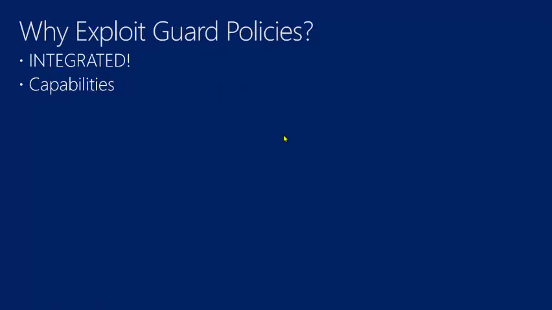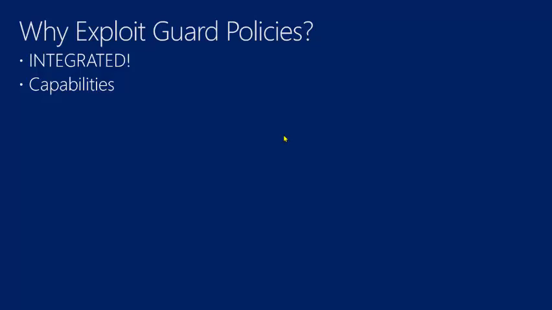Well, the big reason is it's integrated. This is a capability you have. Knowing about it, making choices about when to use it, where to use it, is a big deal. The capabilities that this has: Defender Exploit Guard will utilize the capabilities of the Microsoft Intelligent Security Graph and the world-class security research team that we have at Microsoft to identify and solve exploits and common behaviors that might be needed to stop these types of attacks at various stages of the kill chain.